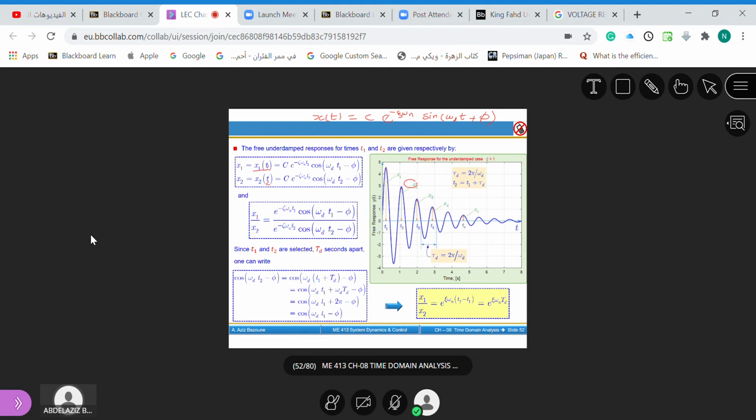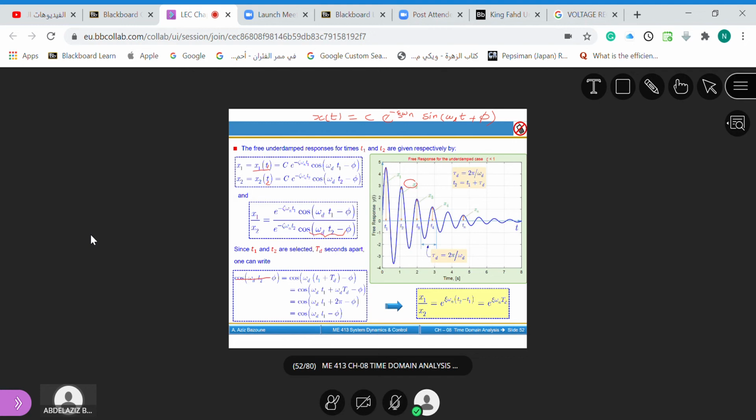Now, if we take the ratio x1 over x2, we will have exponential minus zeta omega n t1 cosine omega d t1 minus phi over exponential minus zeta omega n t2 cosine omega d t2 minus phi. Now, Shabab, we look at this cosine omega d t2 minus phi.